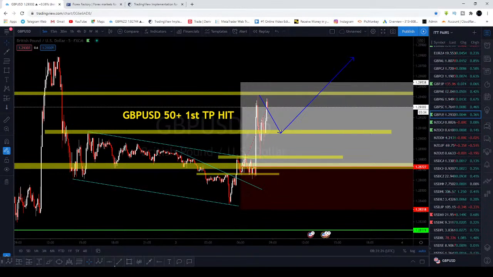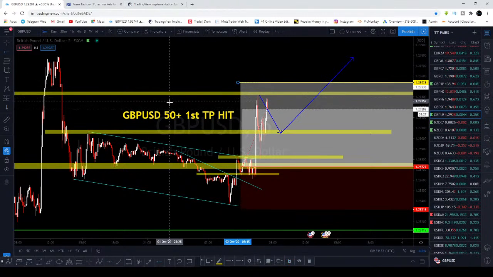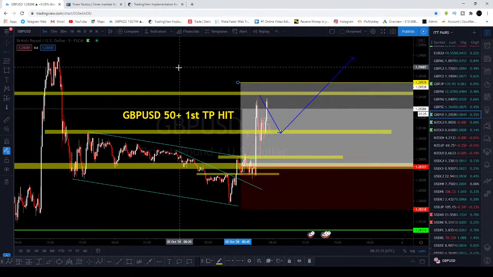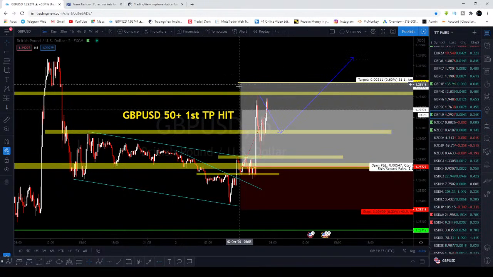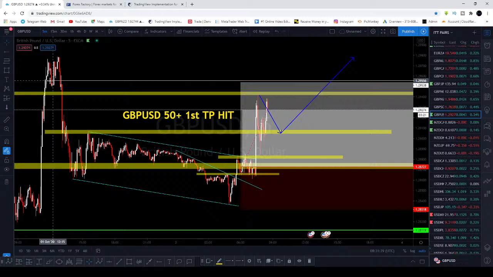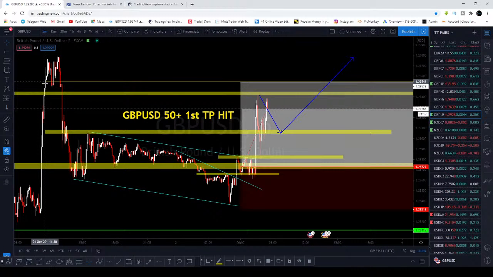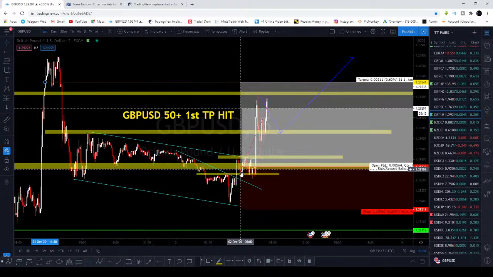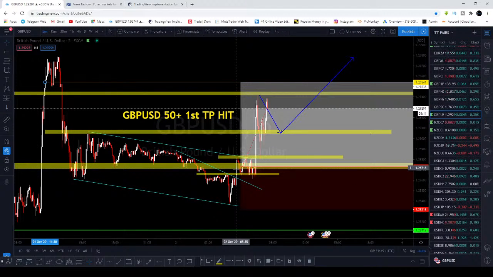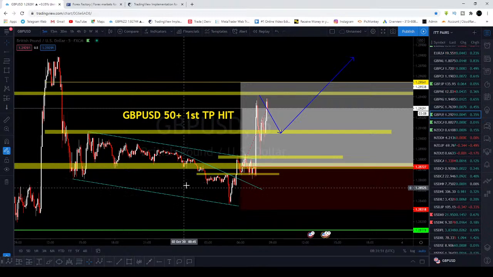There's a reason behind why I put our last take profit right here. Well, we're supposed to put it right here. Let me calculate it. How many pips is this?